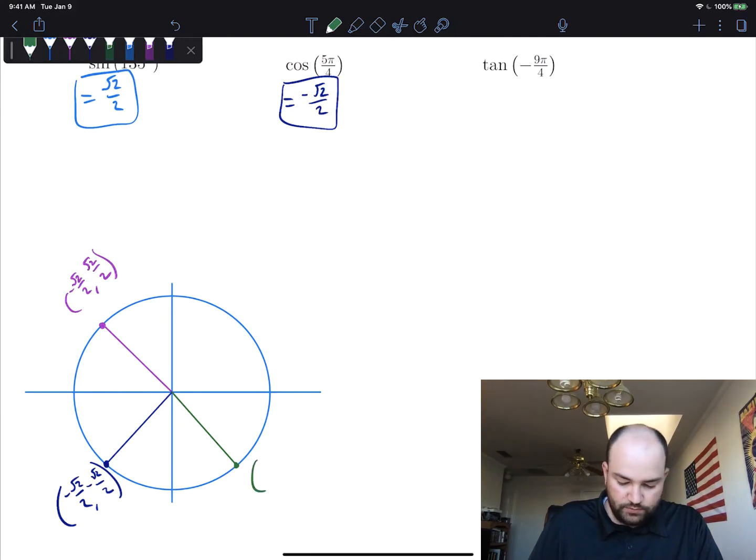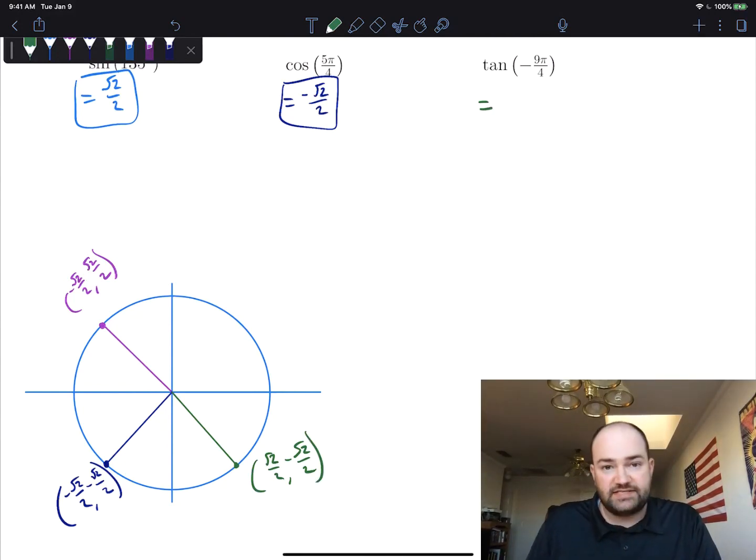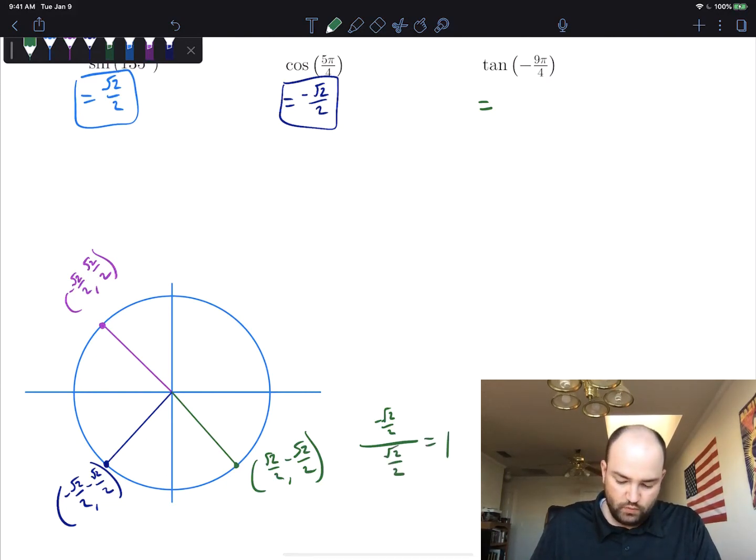And the coordinate would be root 2 over 2, negative root 2 over 2. Since it's tangent, tangent is y over x. y is negative root 2 over 2, x is root 2 over 2. When you divide, you get 1. Sorry, negative 1. Good deal.